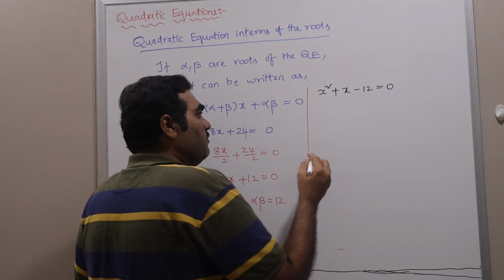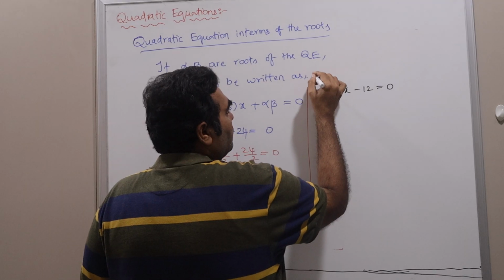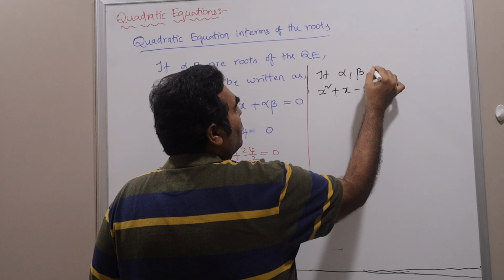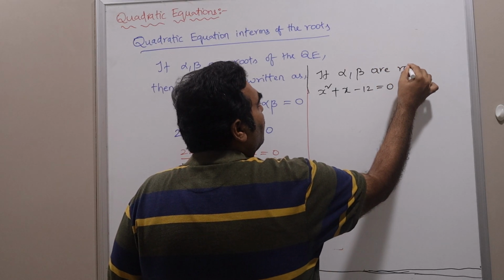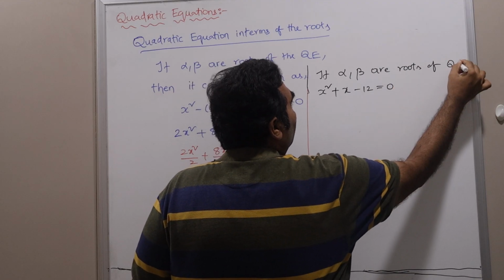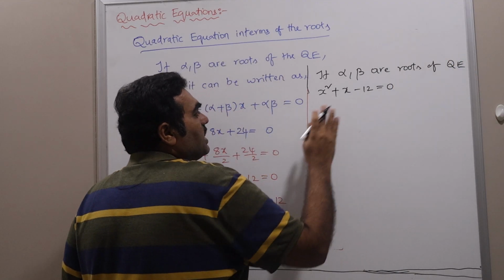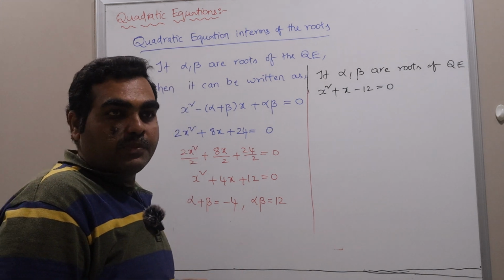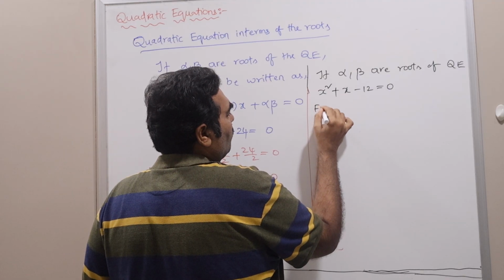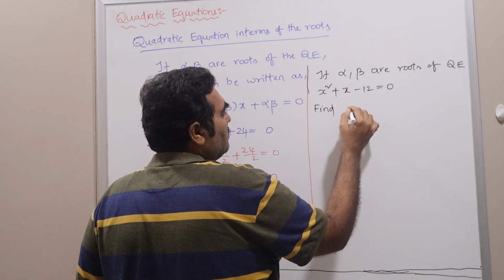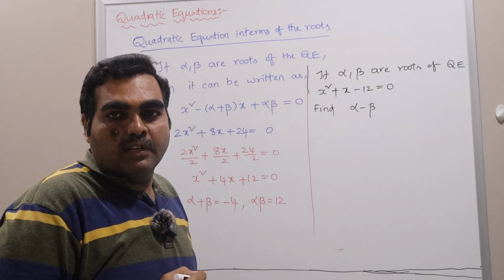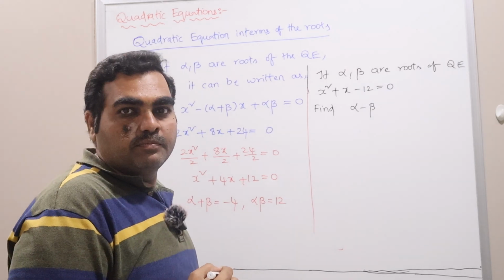So now if alpha and beta are roots of the quadratic equation x square plus x minus 12 is equal to 0, and you are asked to find, for example, alpha minus beta, okay? So how to proceed?